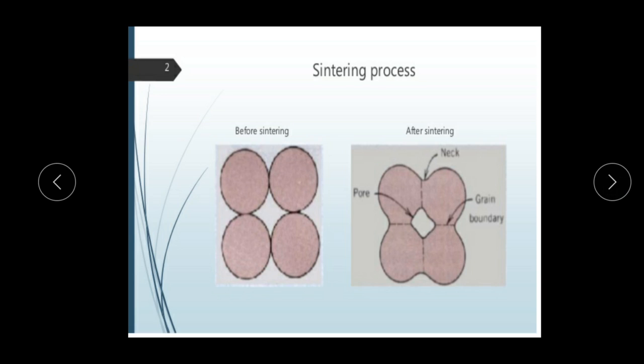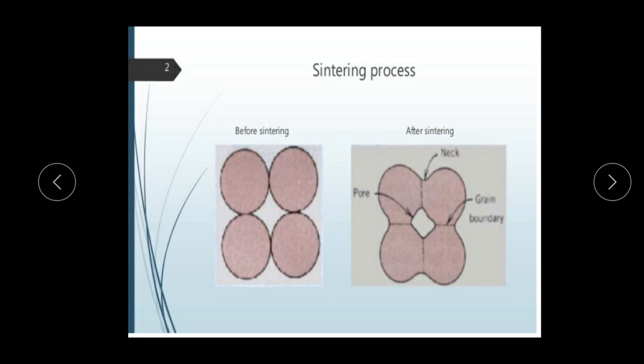As we can see in the image, dear students, the left image is before sintering, and the second image is after sintering. Here the particles are spherical, and once they are sintered, the spherical particles become like this.